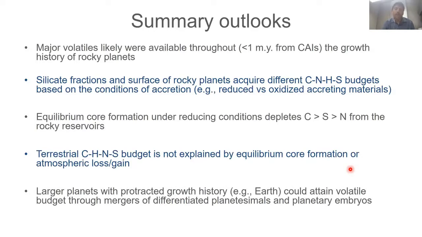However, for explaining the volatile budgets or origin of volatiles in our own planet, we can take into account the protracted growth history. Accordingly, our planet had the opportunity to acquire these volatile elements through acquisition and merger of a differentiated body, such as the moon forming impact, Theia, for example, where if those bodies had a very different core composition, the core-mantle fractionation in those bodies could have been quite different than what we would have expected for our own planet.